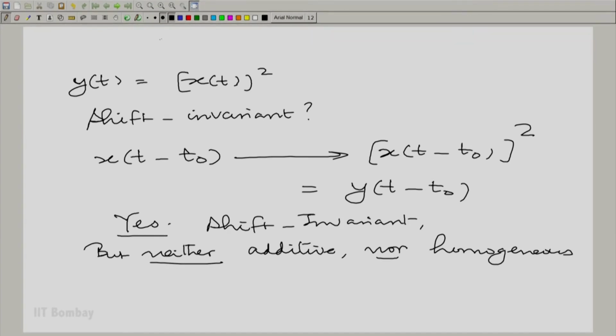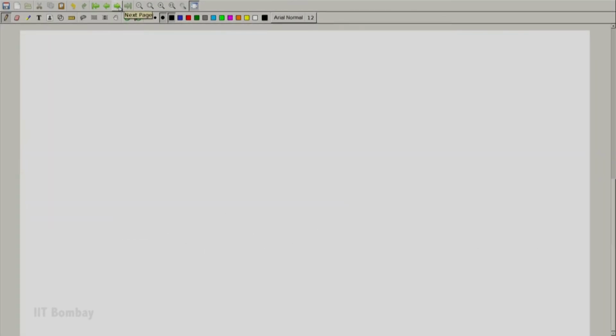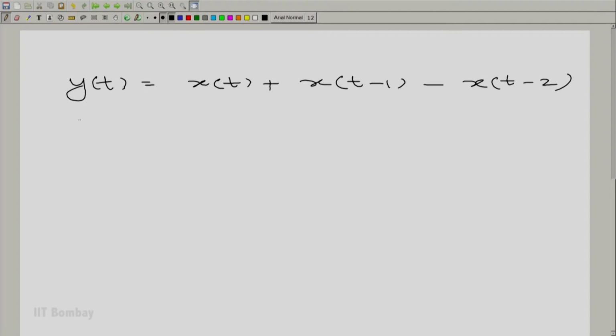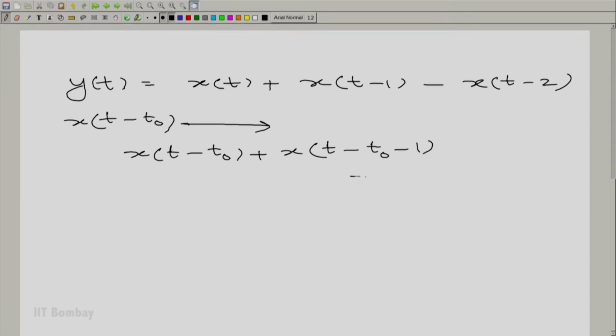Now, we ask the question about the second system that we saw, namely y of t is x of t plus x of t minus 1 minus x of t minus 2, and we apply x of t minus t0 to this system. Clearly, the output is going to be x of t minus t0 plus x of t minus t0 minus 1 minus x of t minus t0 minus 2, which is of course equal to y of t minus t0.